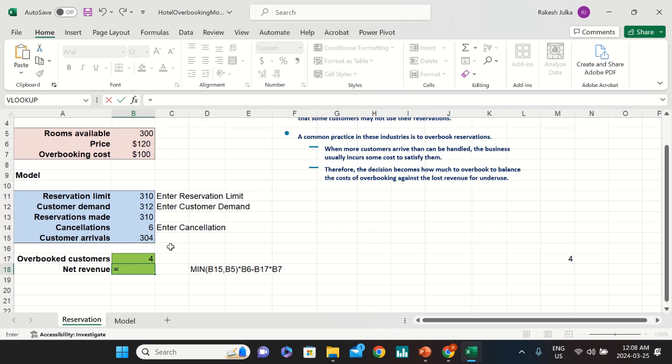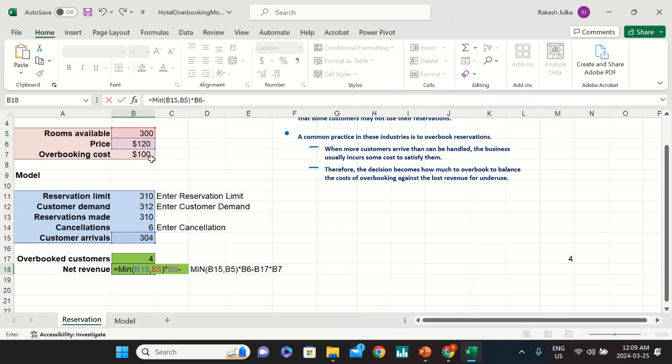If you want to see the revenue, the revenue will be based upon the minimum of these two, meaning 300, or if it is less than 300, then we can calculate like this. The first is the minimum of 304, which were the customers arrived, or the actual rooms available, multiplied by the price, 120. Minus, we will deduct B6.